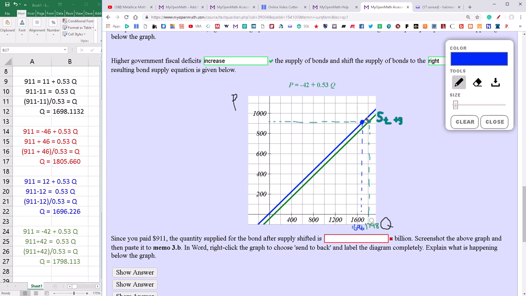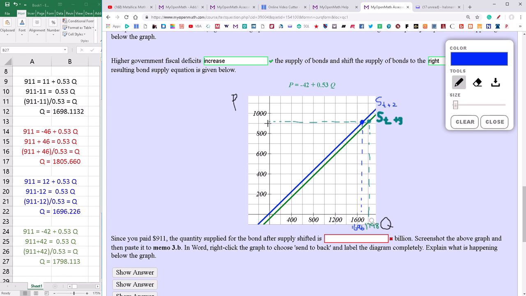This was not today, but 2 periods from today. When the supply curve shifts from the blue line to the green line, we call that an increase in supply.